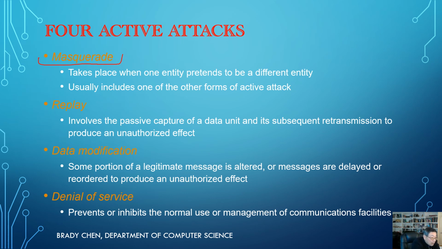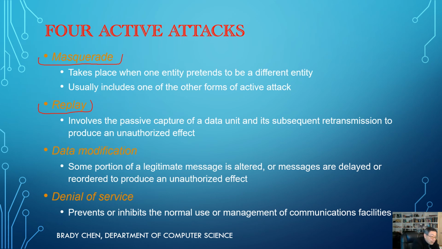Now, the second active attack is called replay. Replay involves the passive capture of a data unit and its subsequent retransmission to produce an unauthorized effect. For example, the opponent just captures the message, and then later replays the message and pretends he's the legitimate user.